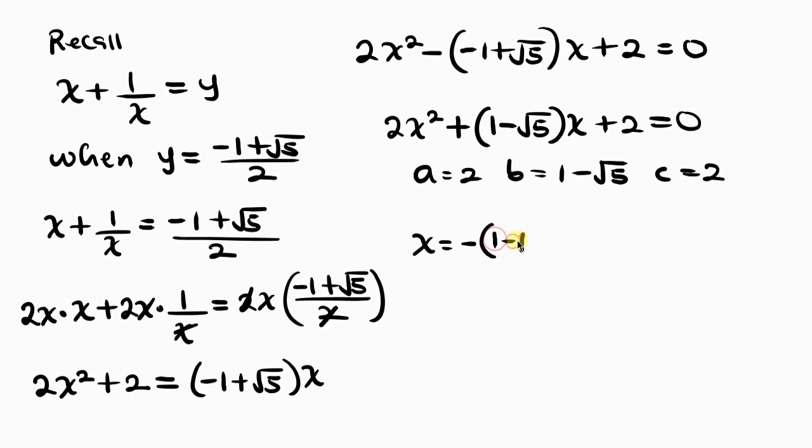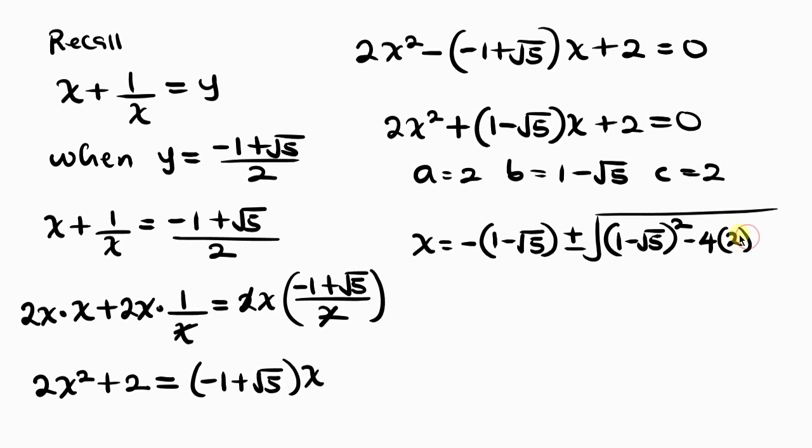So 1 minus the square root of 5, that is minus b, plus or minus the square root of b squared. This is b, so I'm going to be writing 1 minus the square root of 5 squared, which means b squared, minus 4ac. 4 times a is 2, times c is also 2, all over 2a, that's 2 times a is 2.